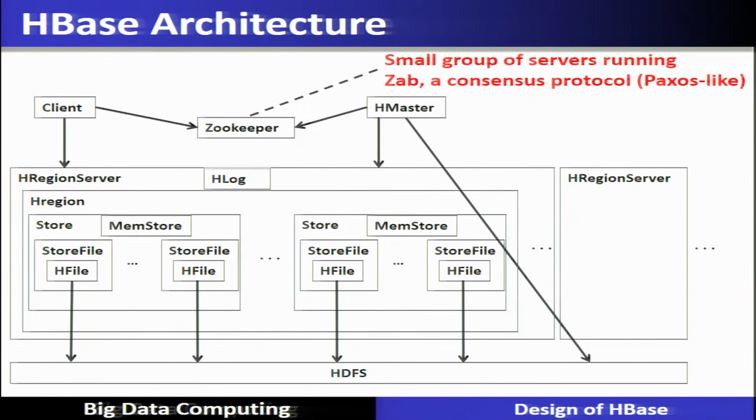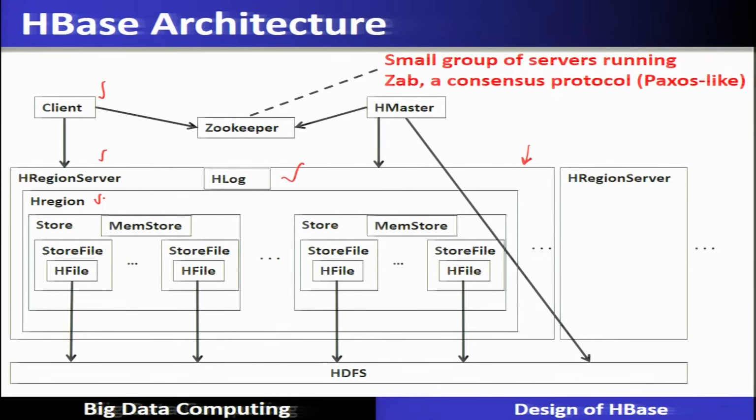Let us see in more detail once again the HBase architecture. A client can access the HRegion servers, and there are many HRegion servers. One such HRegion server is shown over here, which has an HLog, and the HRegion server is divided into different HRegions.